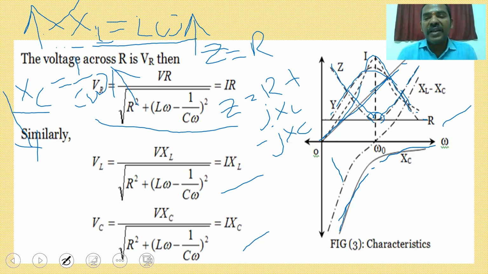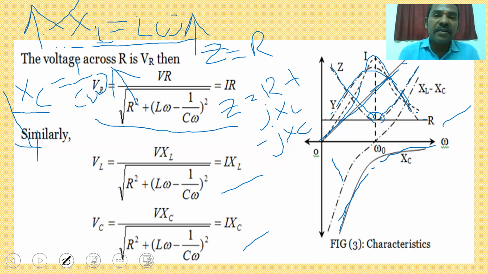Before resonance, the XC value is very high. After resonance, the XL value is very high. So these are the characteristic diagrams of an RLC series circuit under resonating condition.